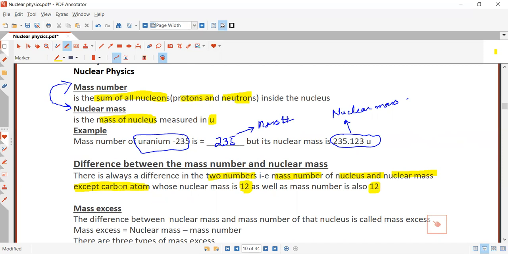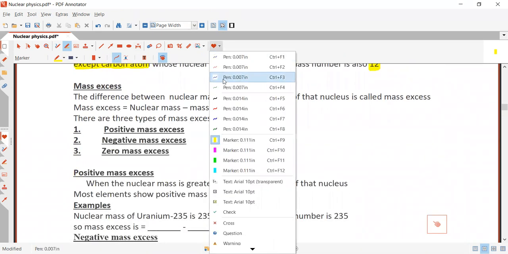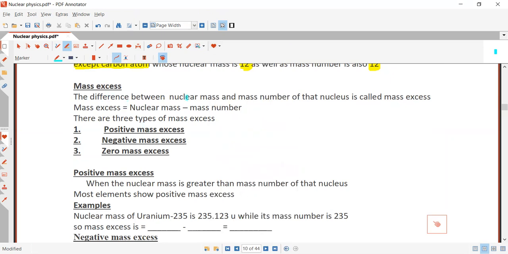So this was very important information because the next topic depends on it: mass excess. Mass excess basically defines the difference between these two. The difference between the nuclear mass that we calculated and the mass number of that nucleus is called mass excess, right? So mass excess is defined as nuclear mass minus the mass number, right?